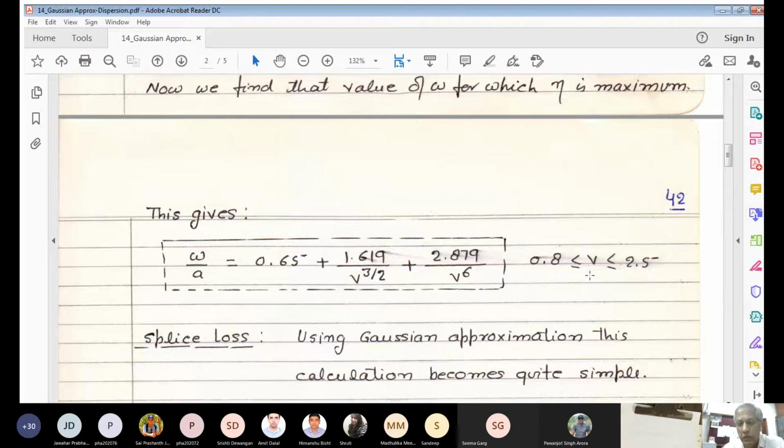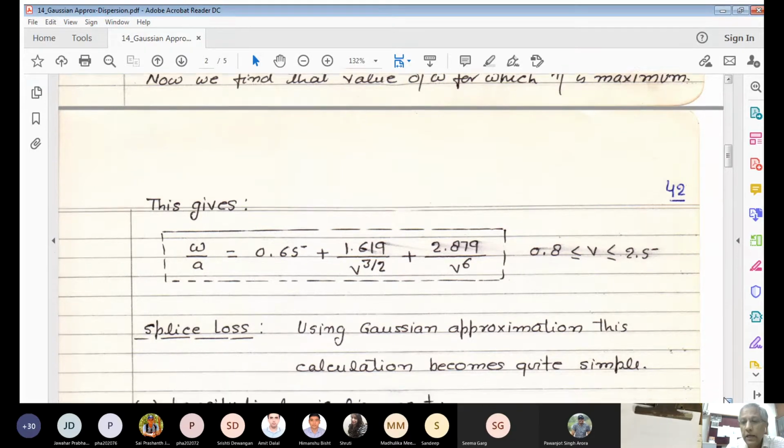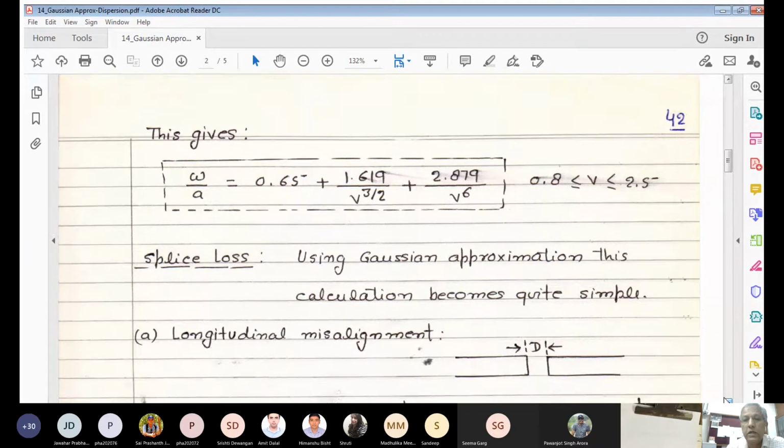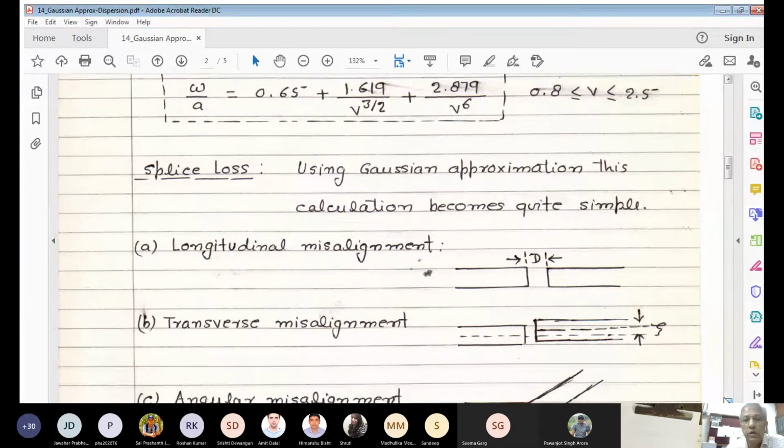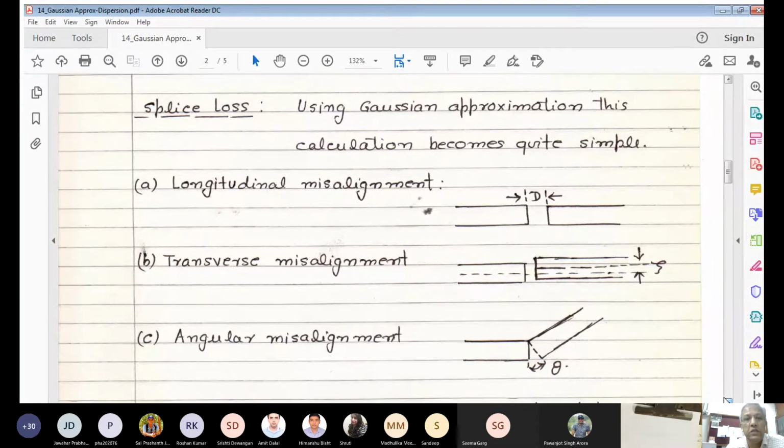So why I'm telling you this: for all practical purposes, this formula is a very good approximation for step index fiber. And as I already told, there are several applications of knowing the modal field pattern, and one of the important applications is in splicing loss.